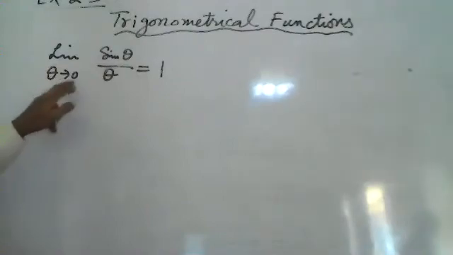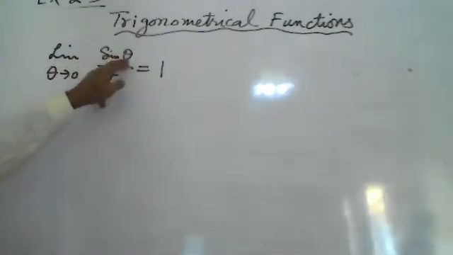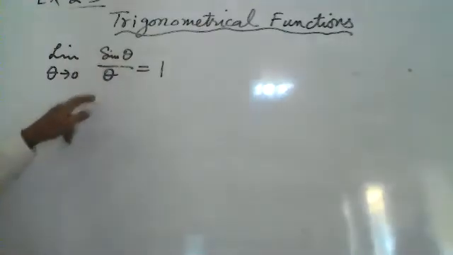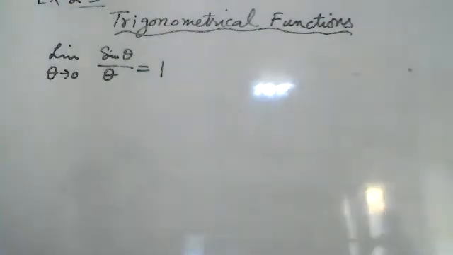If we directly put sine 0 upon 0, sine 0 will be 0, so 0 upon 0 will be the answer if we directly substitute. But the limit for that function is 1. So this formula will be used.